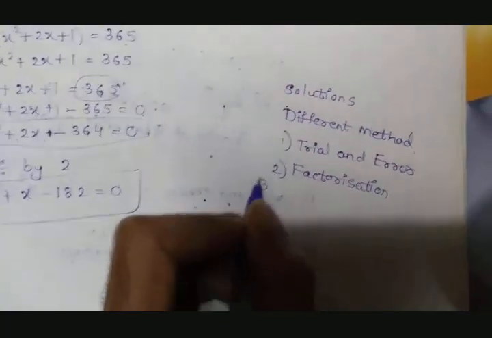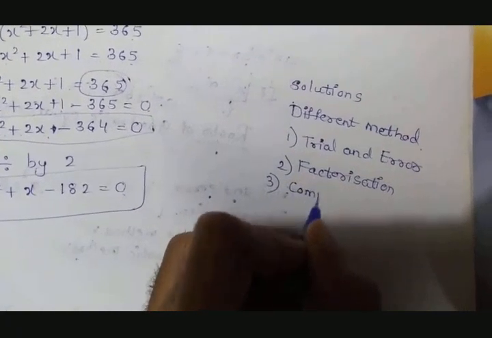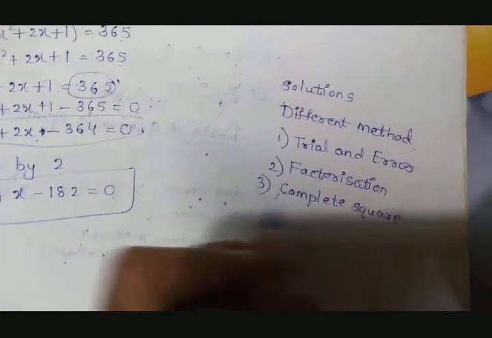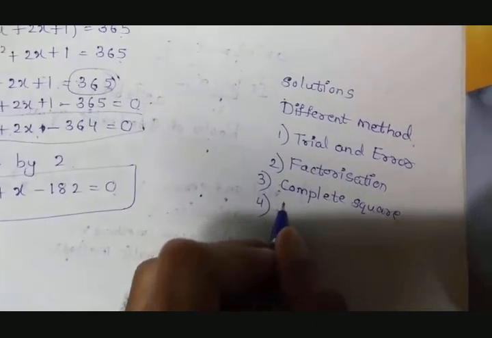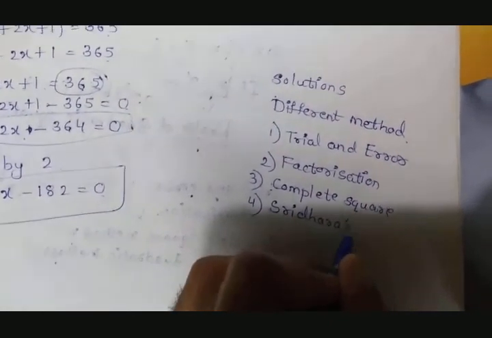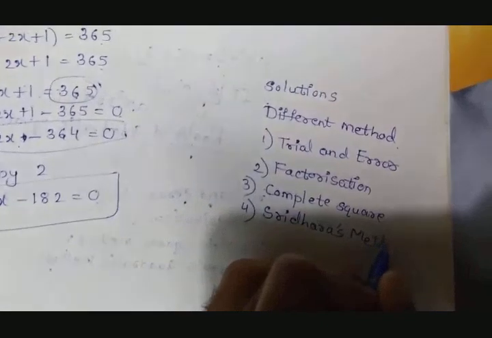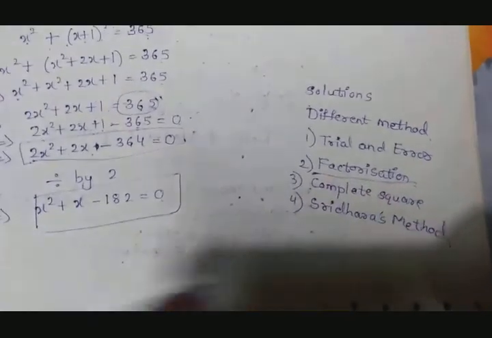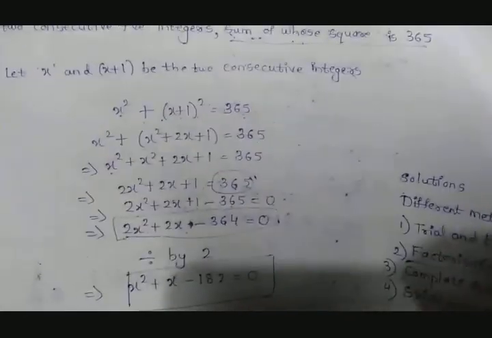Third one is complete square method. And the fourth one is Sridhara's quadratic method. These were the four methods, but we only discussed the factorization method in this class. We will be discussing the complete square and Sridhara's methods in the next classes.